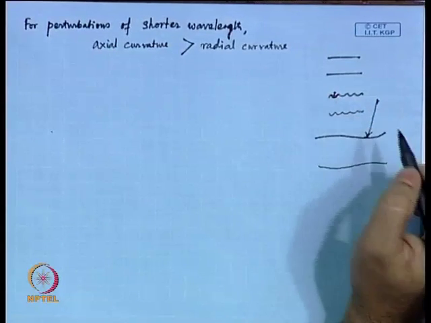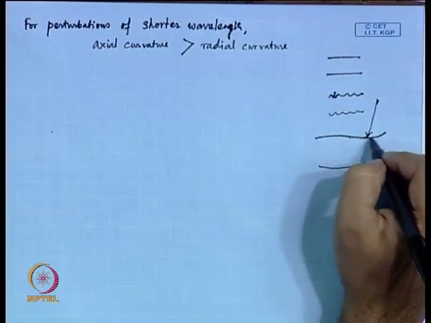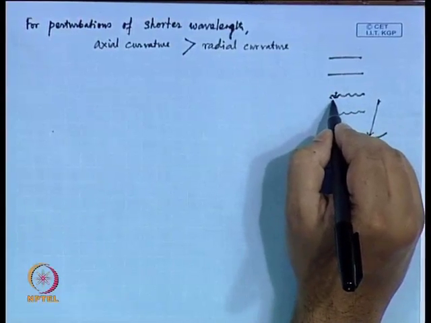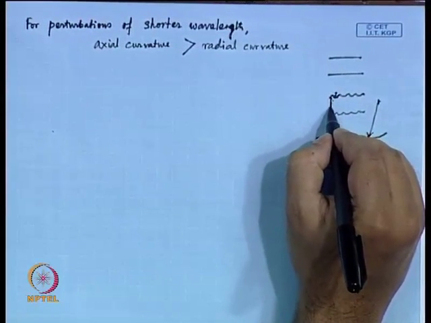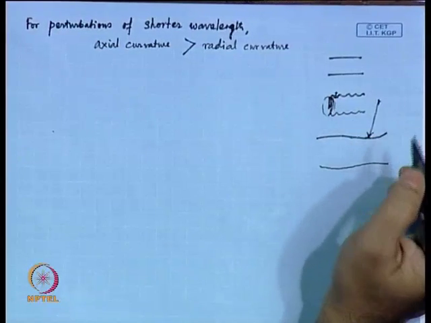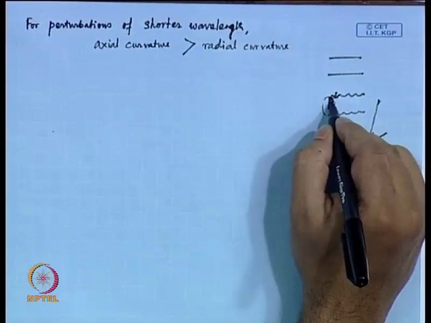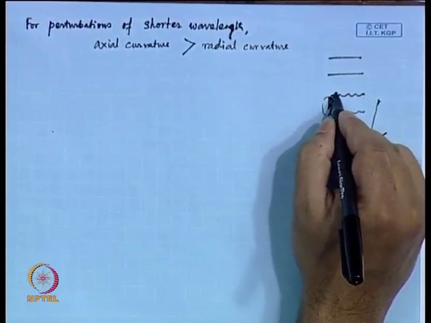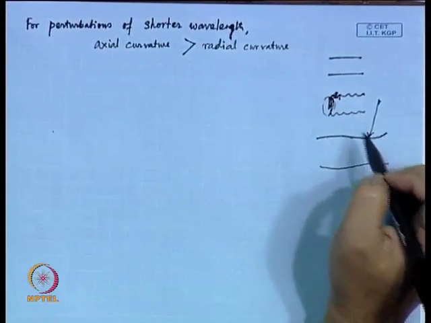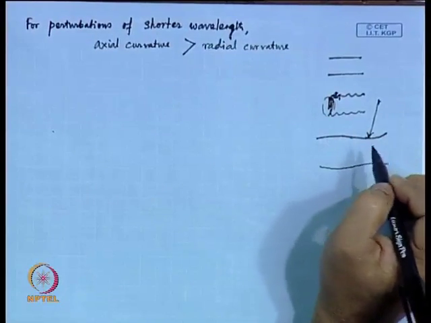Here the radius of curvature would be shorter, right. So, this is what we are referring to as the axial curvature, and the radial curvature is this quantity. This is the radius of that cylinder at the peak and at the trough, whatever the variation is, that we are calling radial curvature, and these we are calling axial curvature. So, this is the shorter wavelength and this is the longer wavelength.